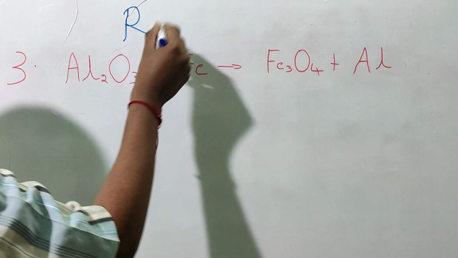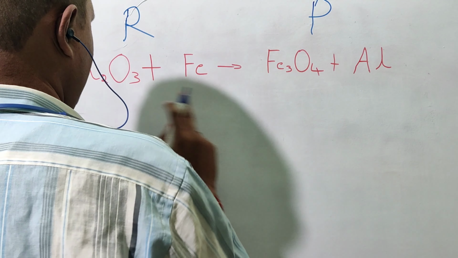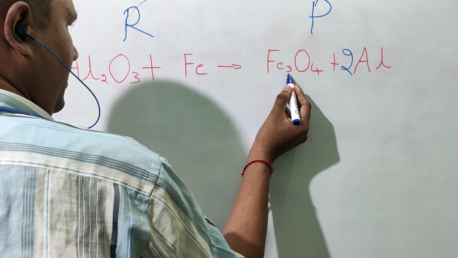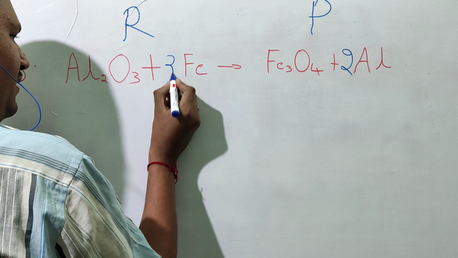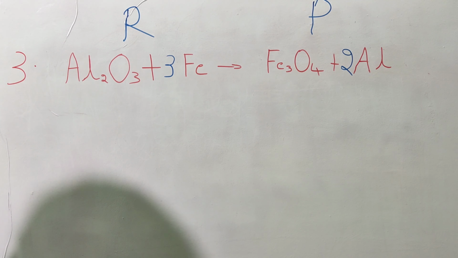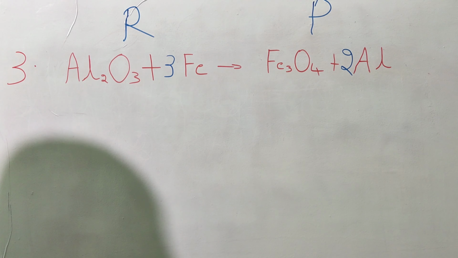This is reactant side. This is product side. So enter 2 here. Iron atoms are 3 in the product side, 1 in the reactant side. So enter 3 here. Then oxygen atom is 3 here and 4 there. So we can't balance.